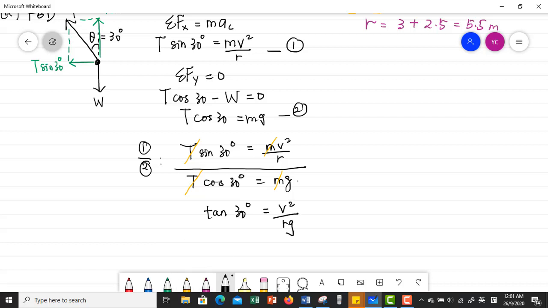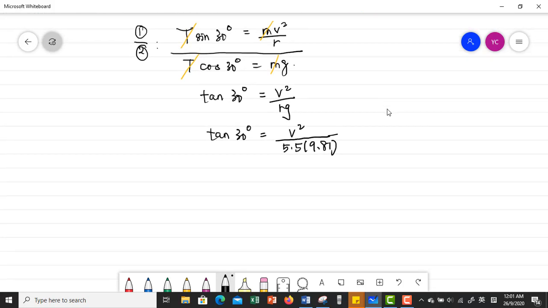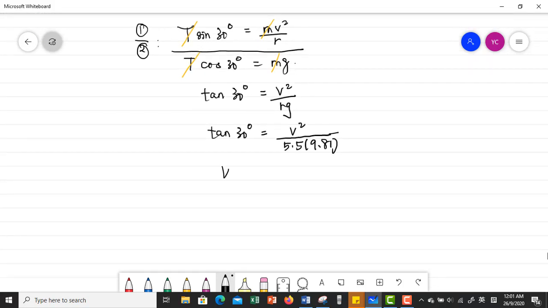So put in the values: tangent 30 will be v squared over, the radius is 5.5, g is 9.81. Pressing the calculator, I get v as 5.5813 meters per second.